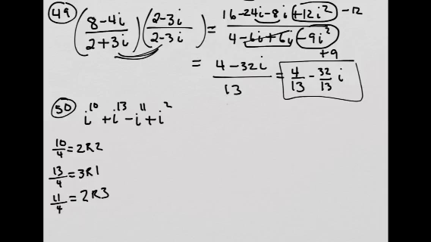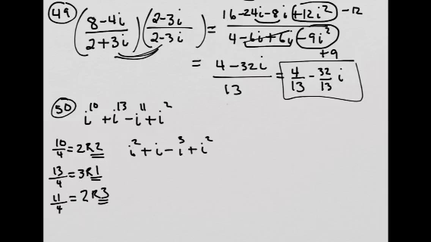Okay, so let's go with the first one. We look at the remainders, remember. So this means that the i to the 10th is actually going to become i squared. And then the i to the 13th is actually an i, because I'm looking at the remainders. And the negative 11, i to the 11th is going to be negative i cubed, and then here i squared.